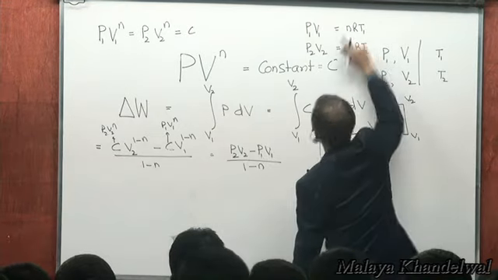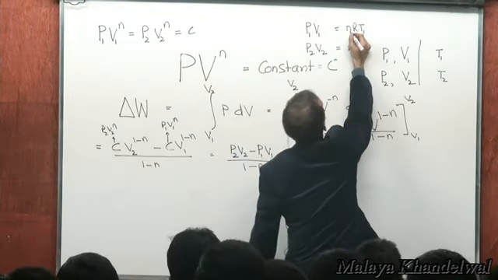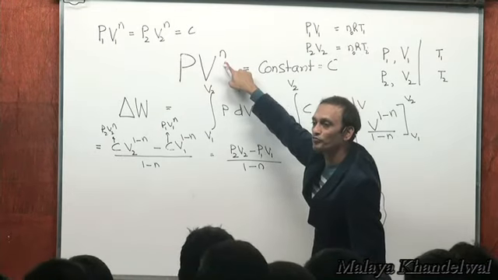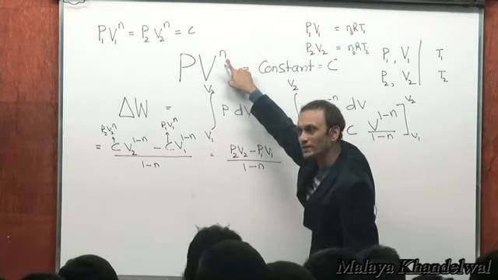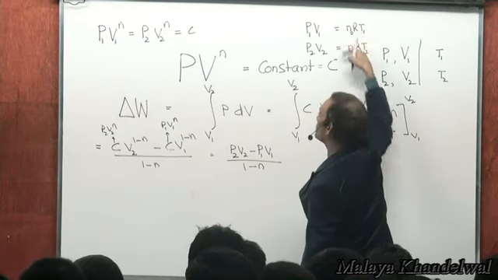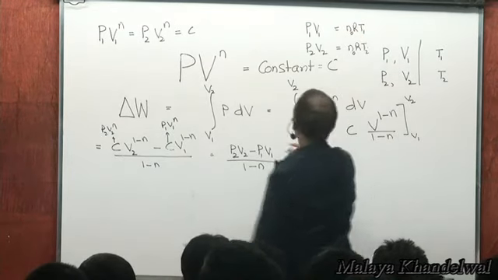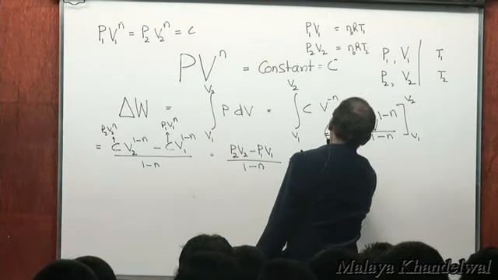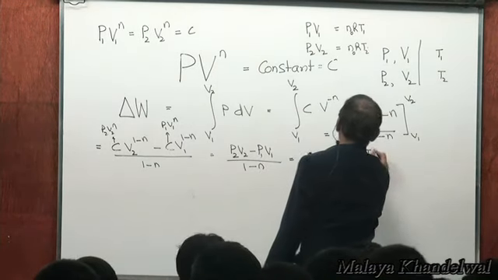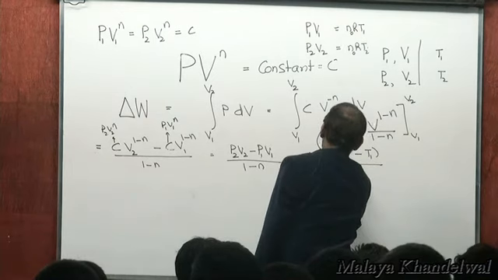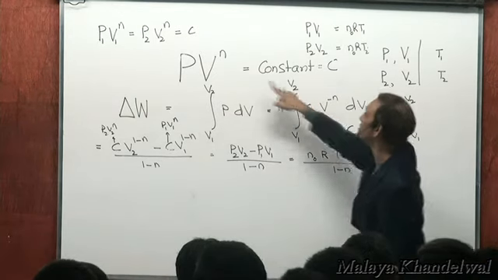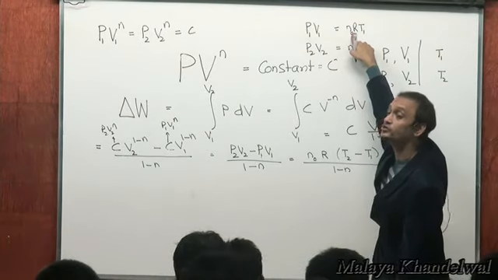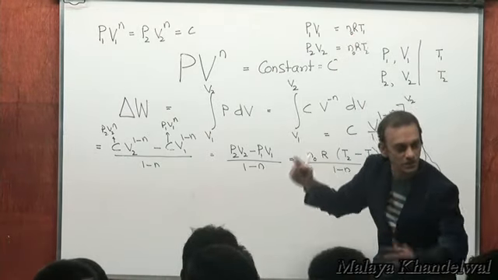And let me call the number of moles n naught, because this n is not the number of moles, this n is the polytropic exponent. So this would become n naught R into T2 minus T1 divided by 1 minus n. This n naught is the number of moles of the gas involved in the process, right?